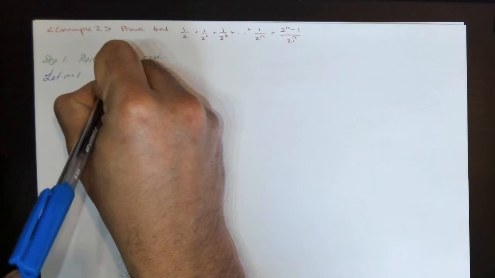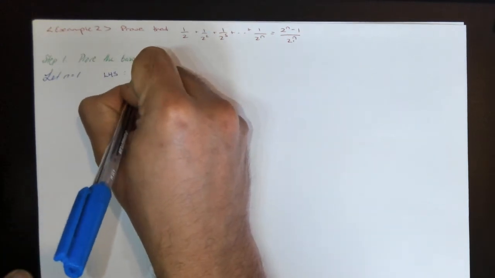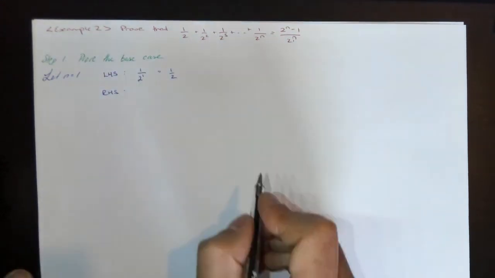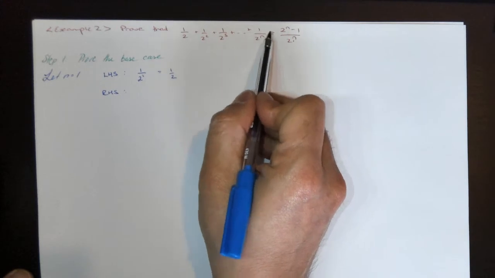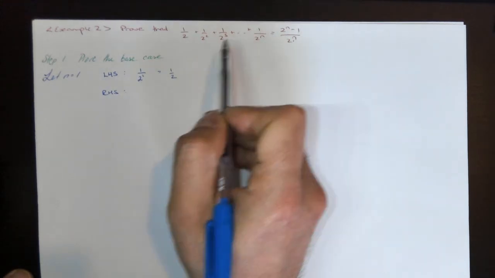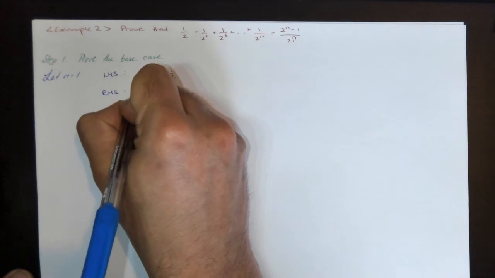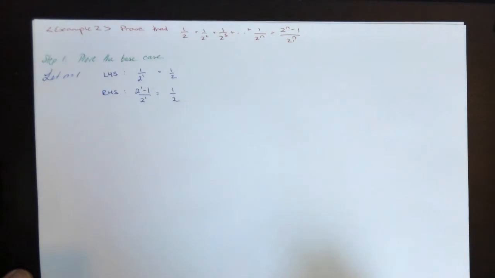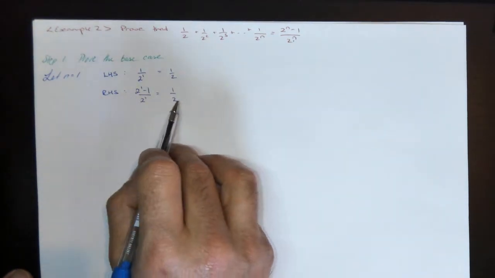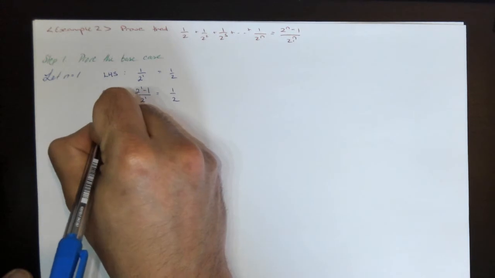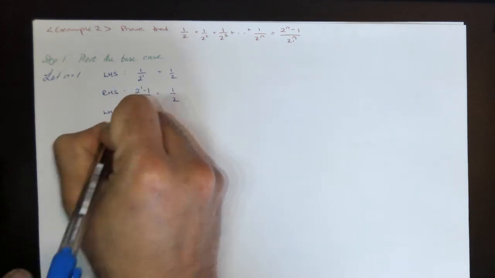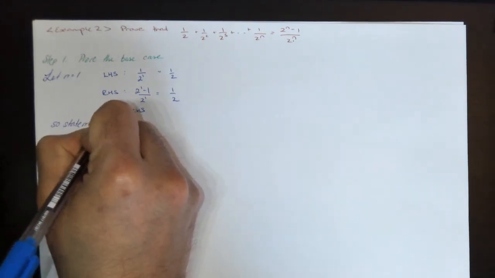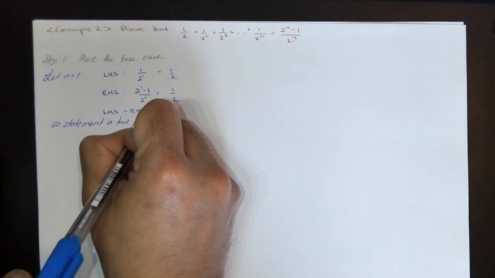The left-hand side is 1 over 2 to the power of 1, which is a half, just substituting n equals 1. The right-hand side is 2 to the power 1 minus 1 over 2 to the power 1. We also get a half, because 2 take away 1 is 1, and 2 to the power 1 is 2. So the left-hand side equals the right-hand side, so the statement is true for n equals 1.